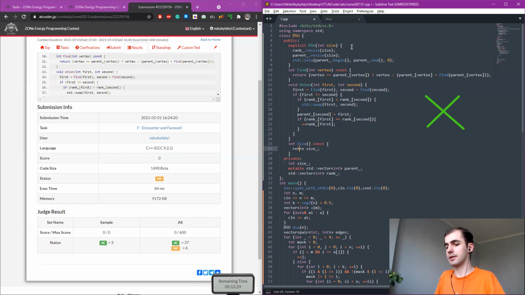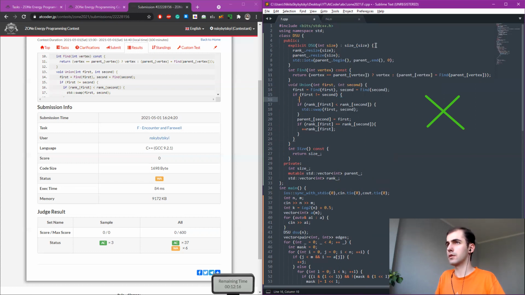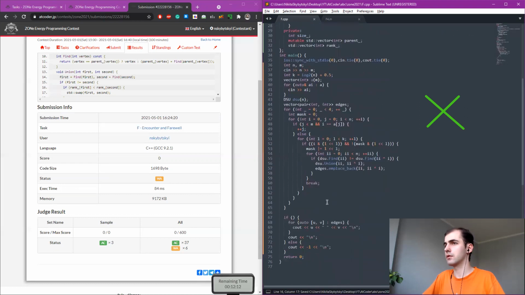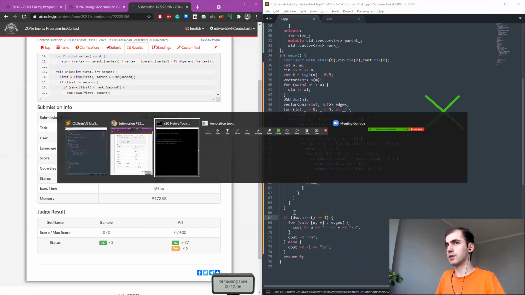Size. Our union is... subtract one from sense. So size equals one, then we can print everything.